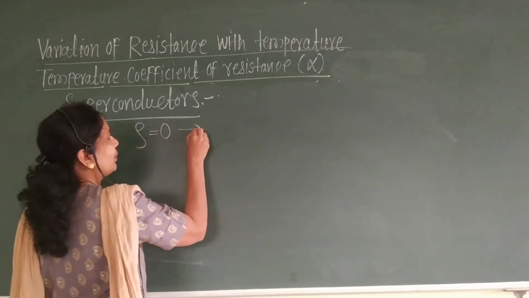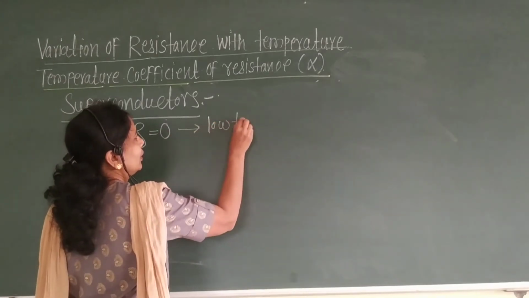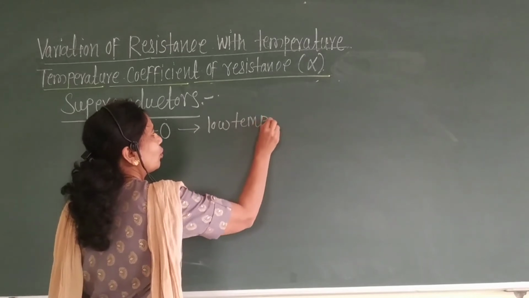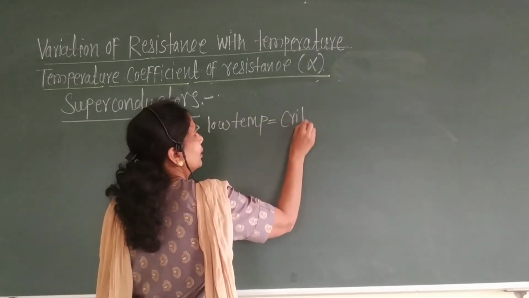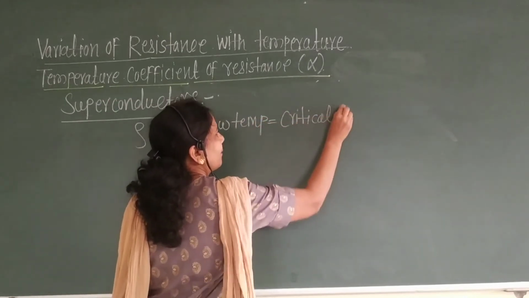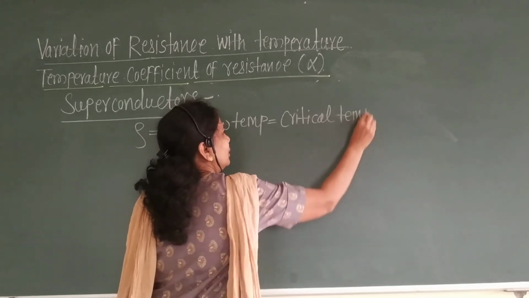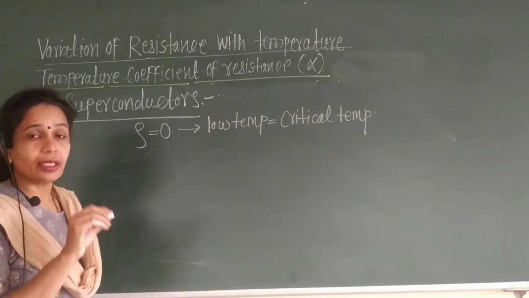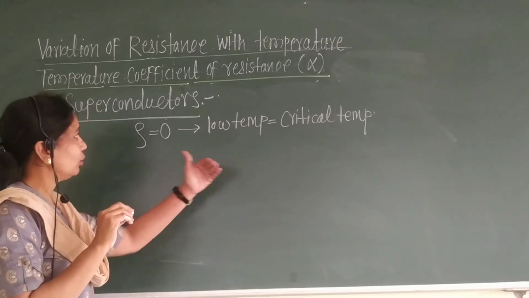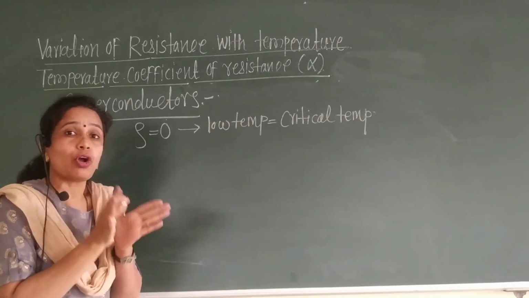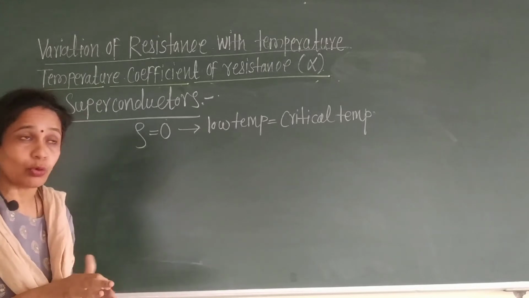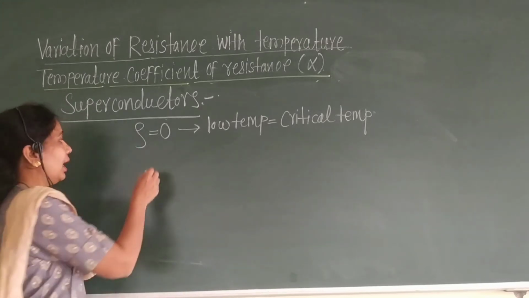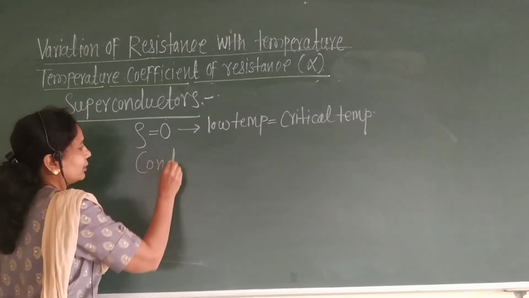That low temperature is called the critical temperature. At low temperature, the resistivity of the material becomes 0 and that material acts as a conductor.